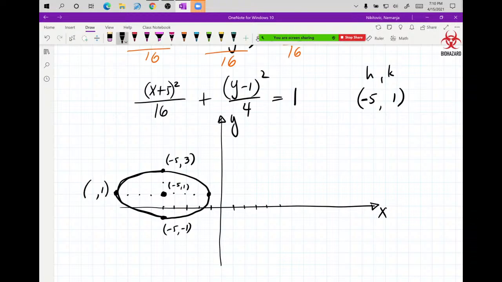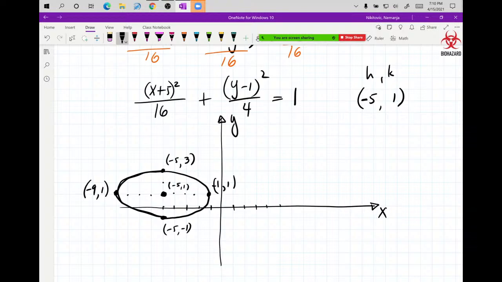Take away minus 5, minus 4 is minus 9. And over here is negative 1. So negative 1, comma 1. You have ellipse with all 5 of these present. 5 of the points, right, the vertices, and so on.